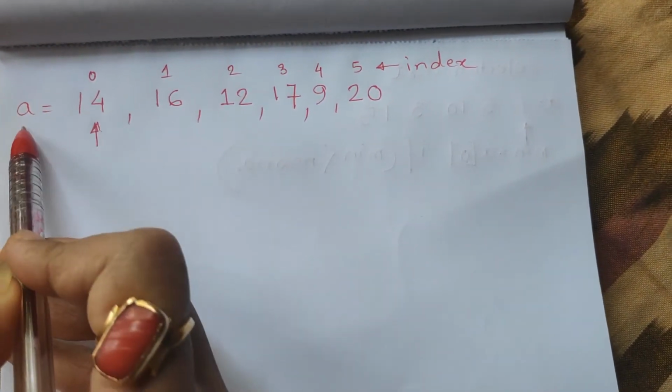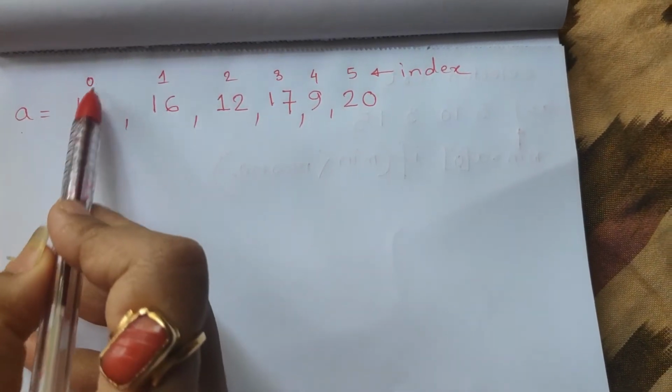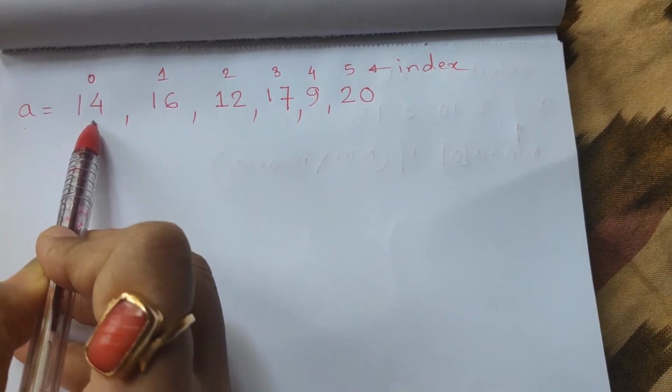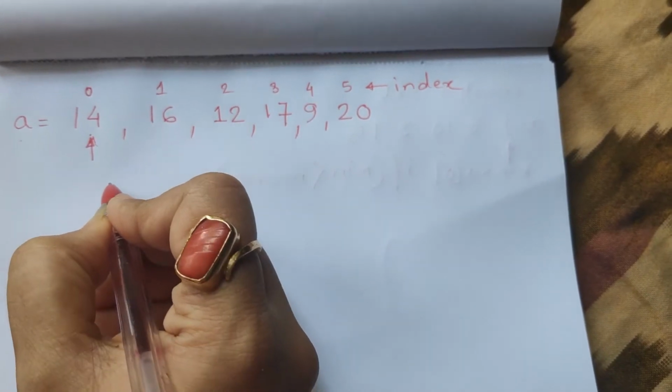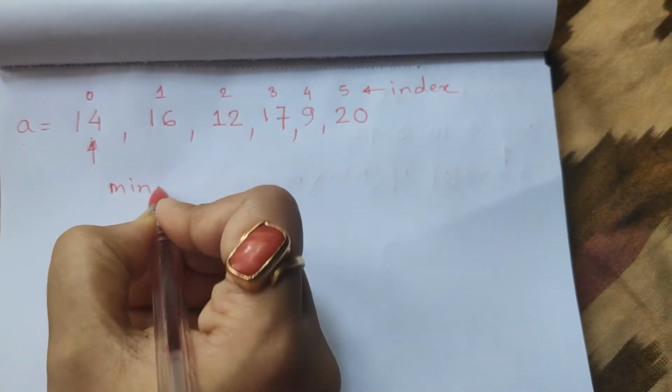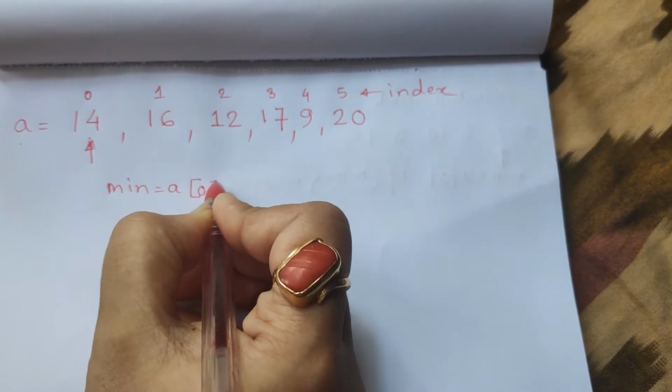So in this array A, the 0th element is 14. So what we would do at the initiation state, we will say minimum is equal to A0.